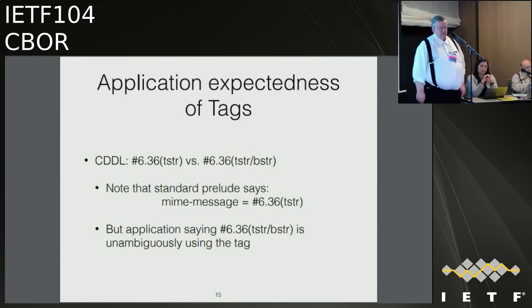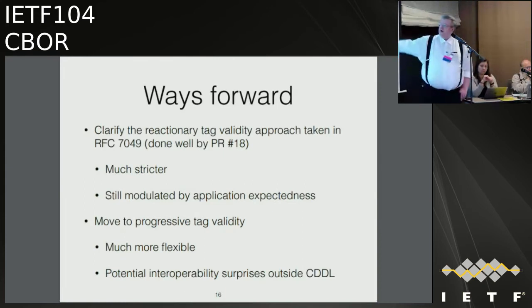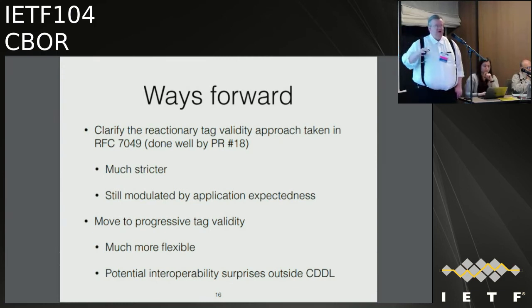I think I have heard that we don't really want to do this, which doesn't mean that we don't want to apply 18, but we may want to put 18 into a context where it's clear that's the default validity until the application says something different. And what we probably want to do is explore this progressive tag validity a little bit.